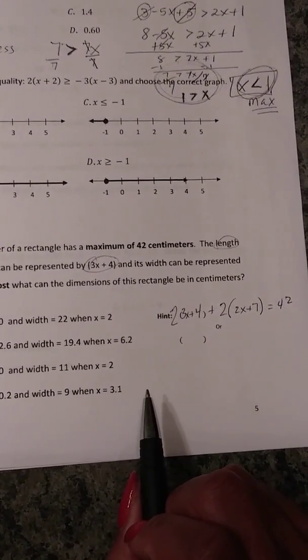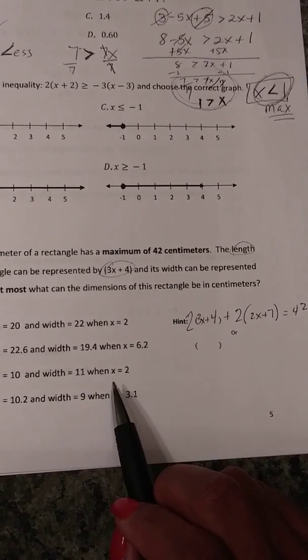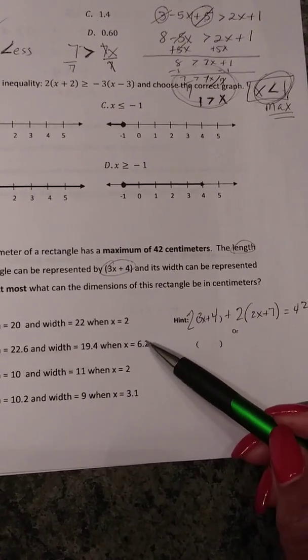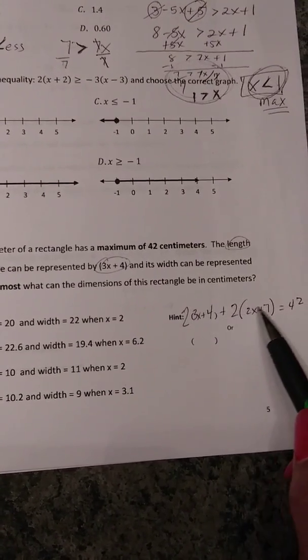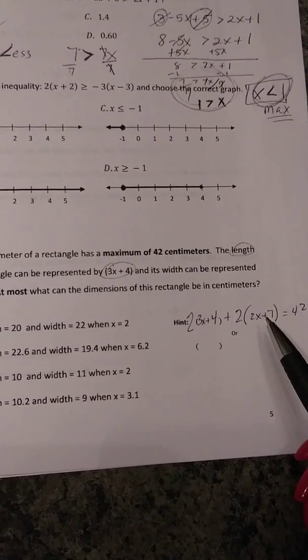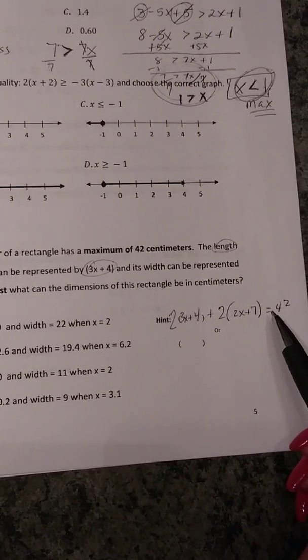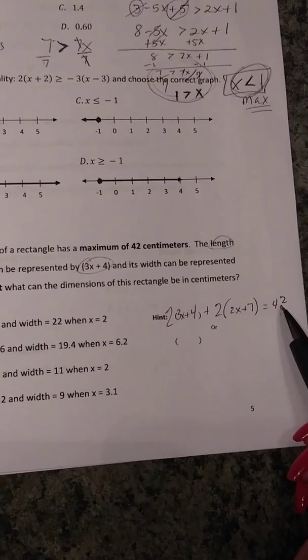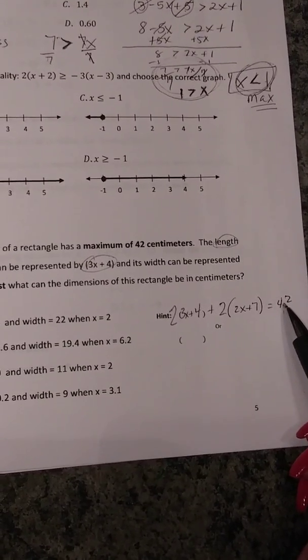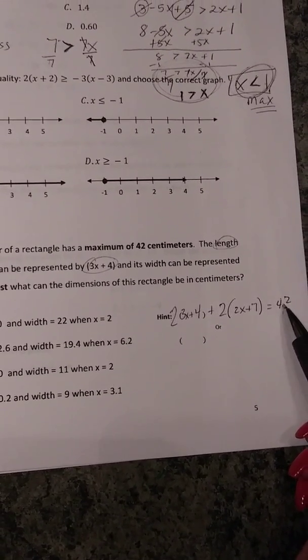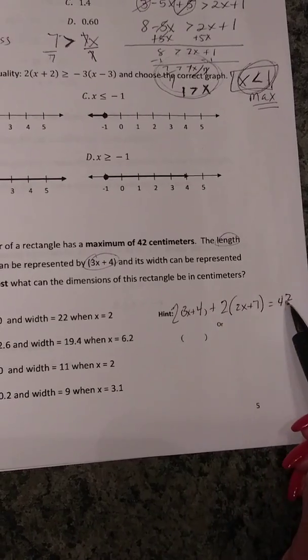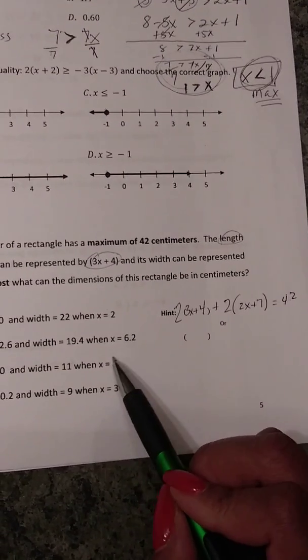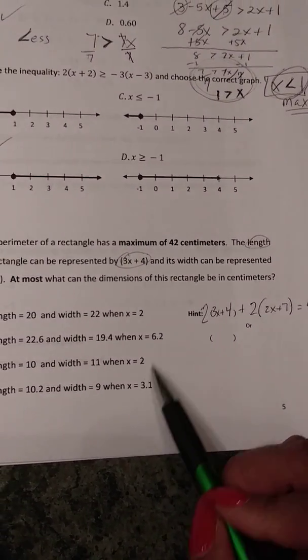You can find the answer by plugging in the x values into all of what you see to figure out which one will give you 42. Or you could put all of this into nsolve and find your x value. Now be careful.